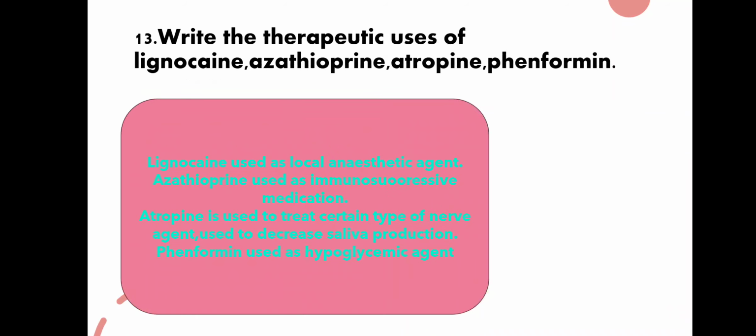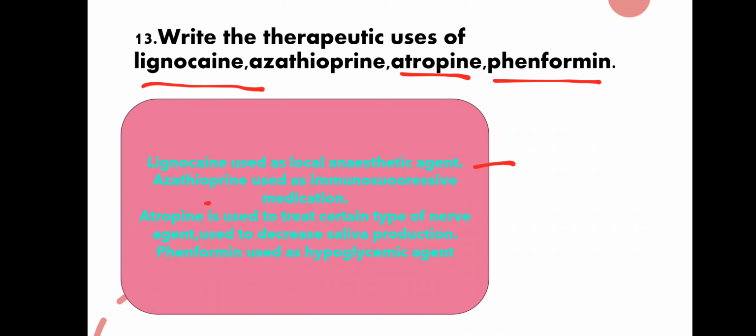13. What are the therapeutic uses of lignocaine, azathioprine, atropine, and phenformin? Phenformin is a hypoglycemic agent to treat high glucose level. Atropine you know, lignocaine also, a local anesthetic agent.